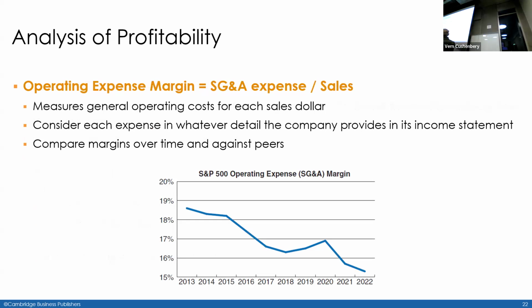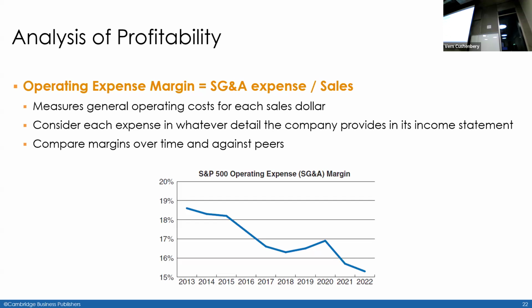Here's the charts that I find most compelling. This one shows the S&P 500 operating expense, or SG&A margin. So what you're looking at here is that in 2013, operating expense for the S&P 500 was close to 19, call it 18.5%. And as operating expense declines, operating margin goes up.